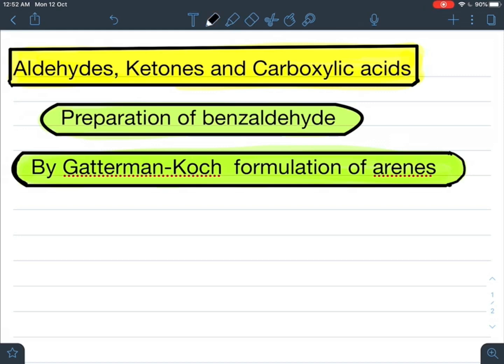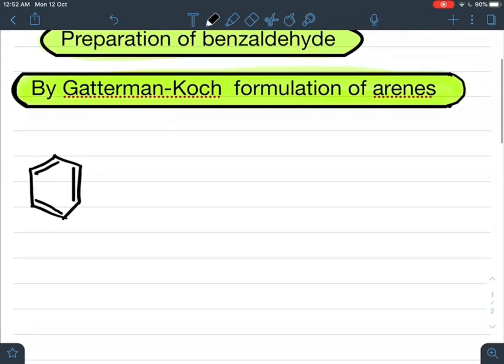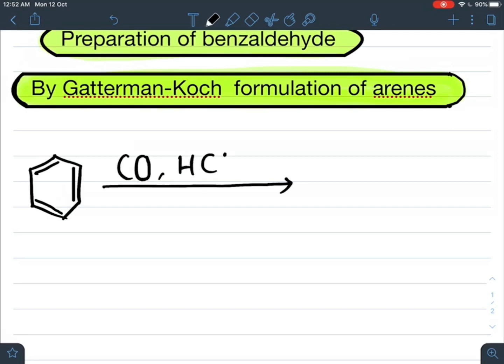Benzene, C6H6, a hexagon ring with alternate double and single bonds, is treated with carbon monoxide gas and hydrogen chloride gas under high pressure in the presence of anhydrous AlCl3 as a catalyst.